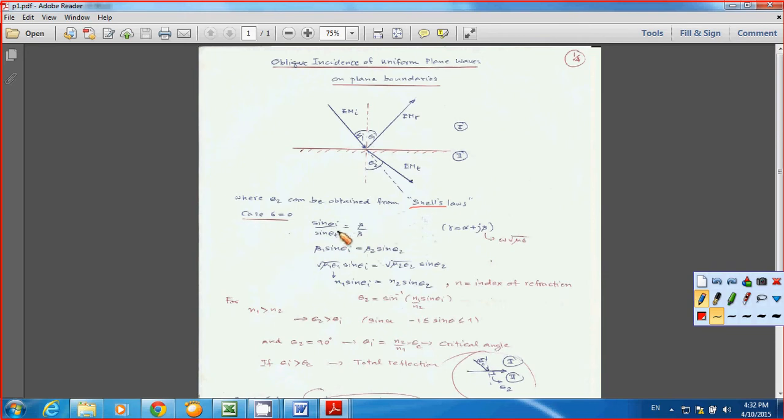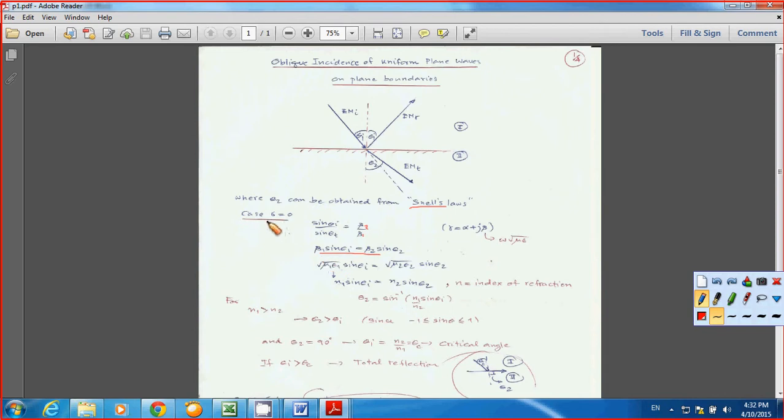Snell's law states that sin theta I over sin theta t is equal to beta 2 divided by beta 1, or simply beta 1 sin theta I equals beta 2 sin theta 2.